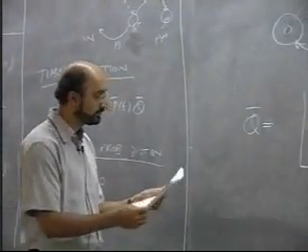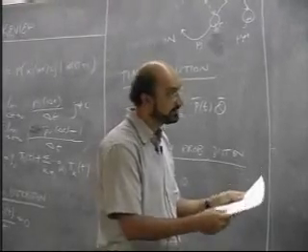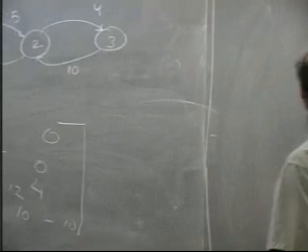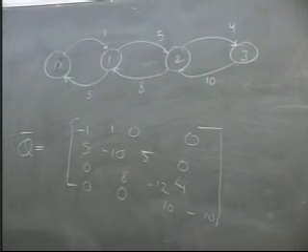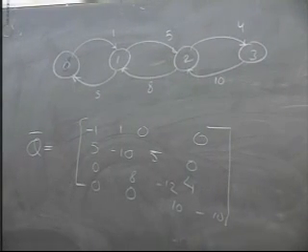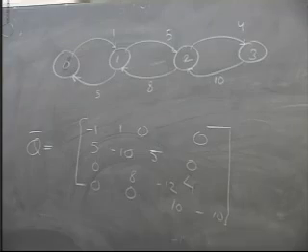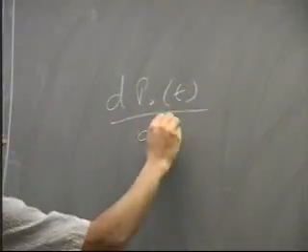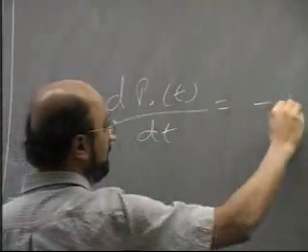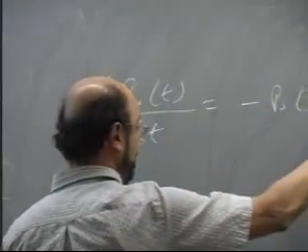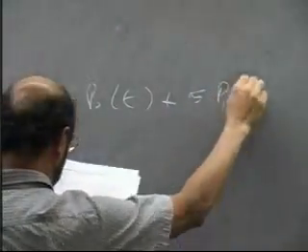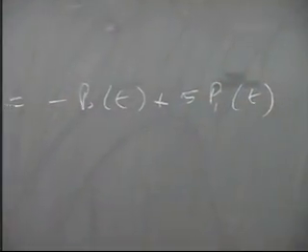But for example, if I want to tell you the time evolution probability of being in state 0, I can write that down from this matrix as dp0(t)/dt equals minus p0(t) plus 5 p1(t).